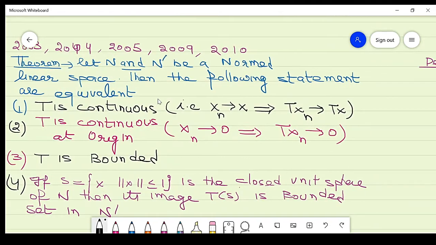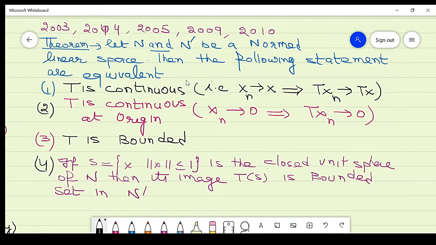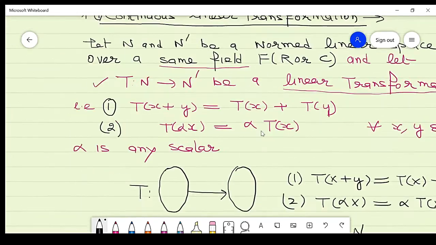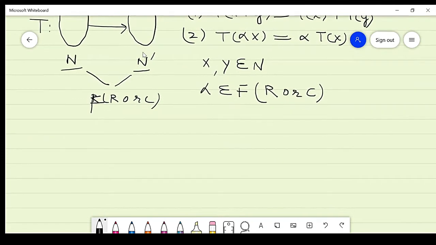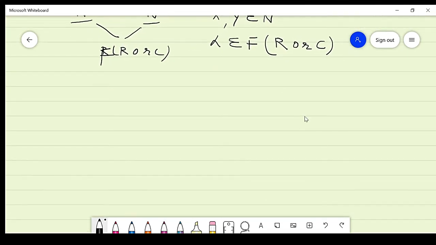After this definition, we have a very important result on a bounded linear transformation. So first we understand the definition of a bounded linear operator. Here we understood the definition of linear transformation. Now the next is the definition of a bounded linear transformation.